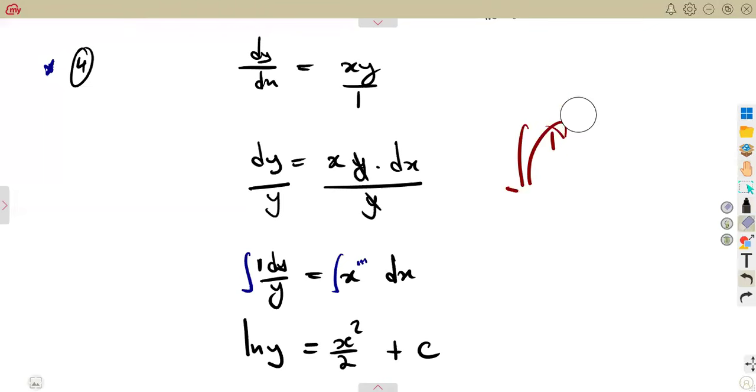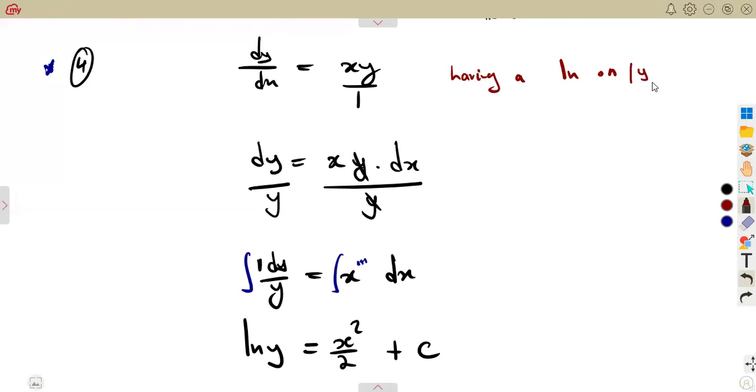But in this case, because you are working with the part of y having a ln on y, this is affecting the part of y.